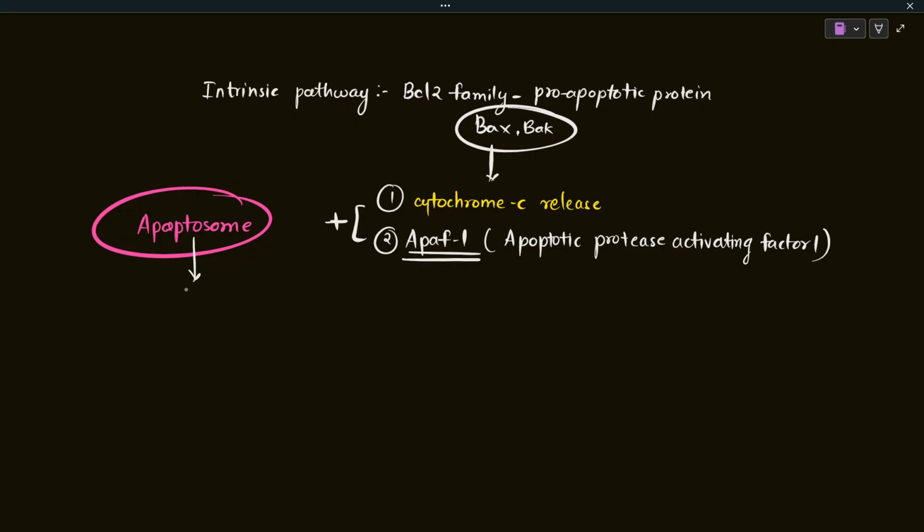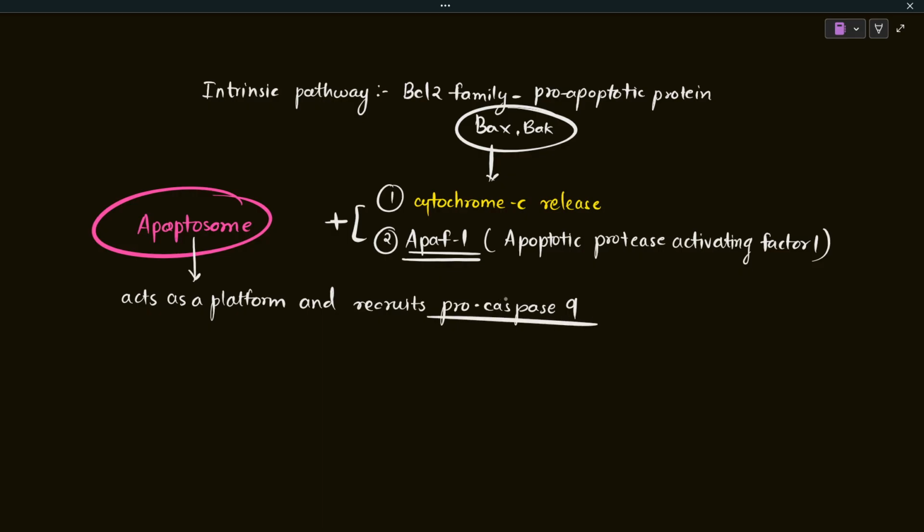This is going to act as a platform, and it recruits procaspase 9.